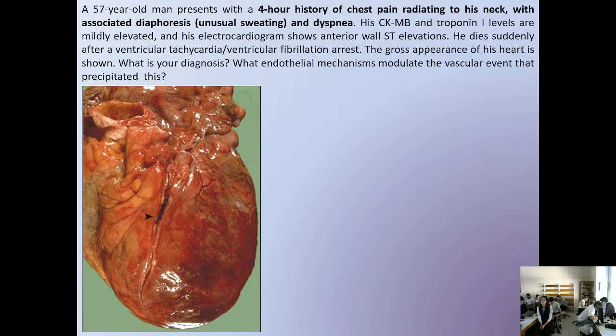So, which is the most common cause of the infarct? An abrupt occlusion of some coronary artery giving blood to the respective part of the left heart, most often, that becomes necrotic.